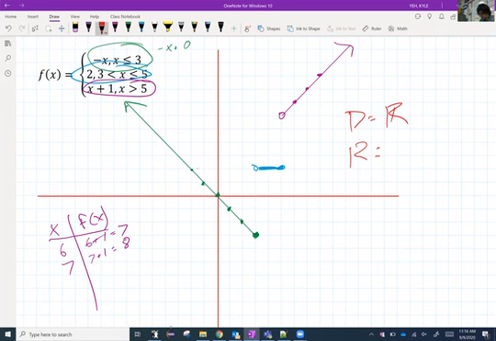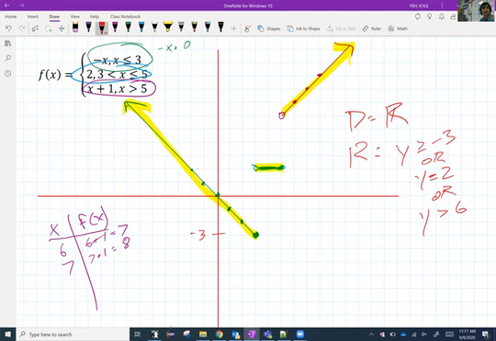What about range? It looks like I'm hitting everything above -3 with this part. And I'm also hitting 2, and I'm also hitting everything above 1, 2, 3, 4, 5, 6. So everything above -3, 2, and everything above 6. Good news is we don't have to write all of that. We don't have to write y is greater than or equal to -3 or y equals 2 or y is greater than 6.